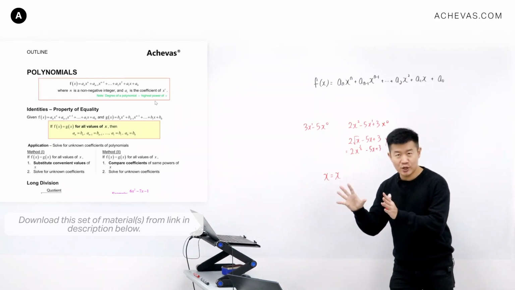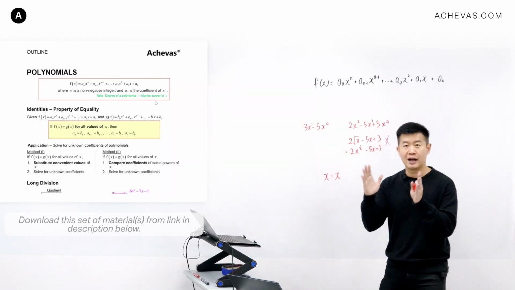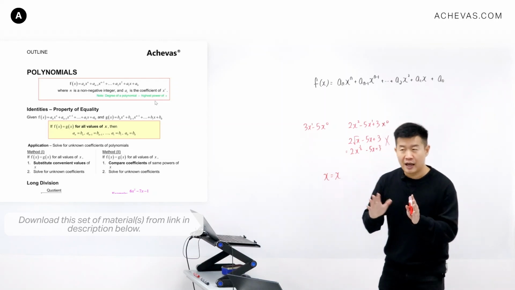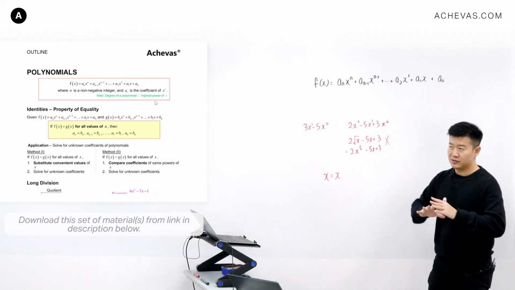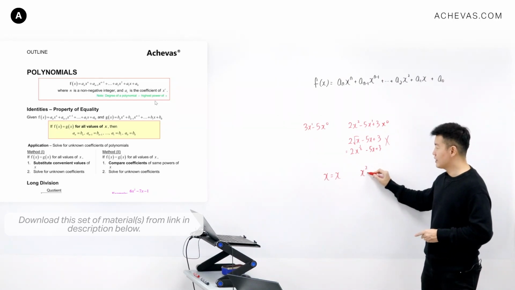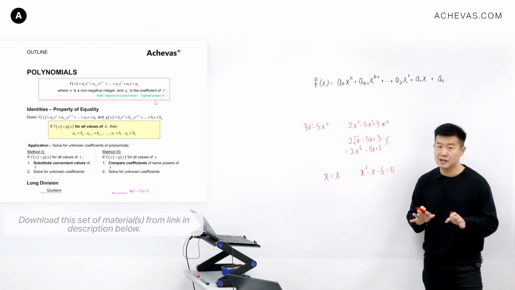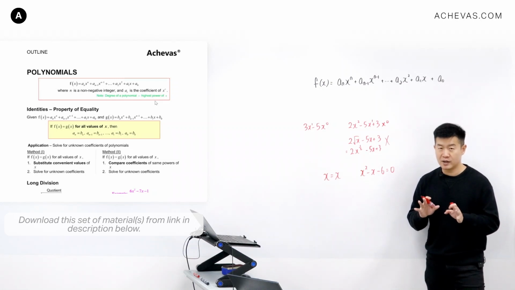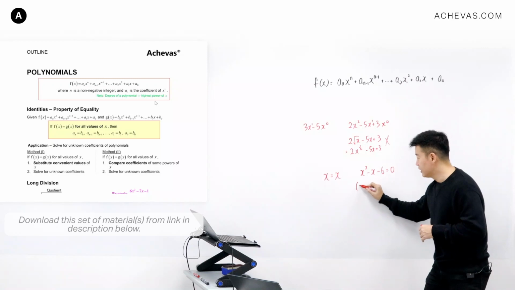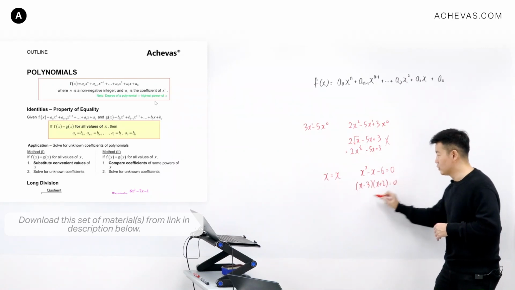And the moment when an equation is true for all values of x, this equation is called an identity. And I don't want you to misunderstand that. Let me give you an example. Let's say we have x squared minus x minus 6 is equal to 0. This is definitely not an identity. Why? Because if I were to solve for this, it will be x minus 3, x plus 2 is equal to 0.